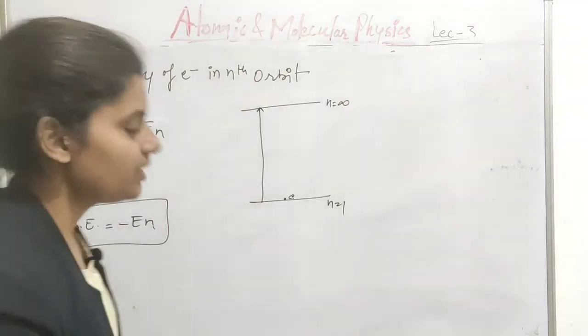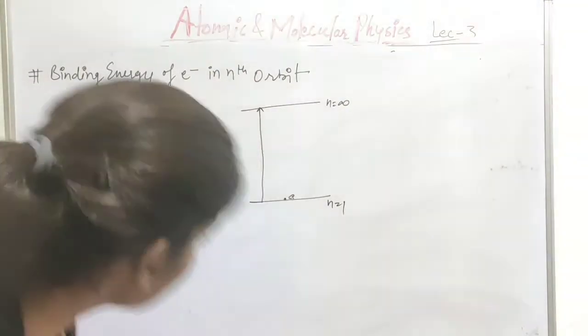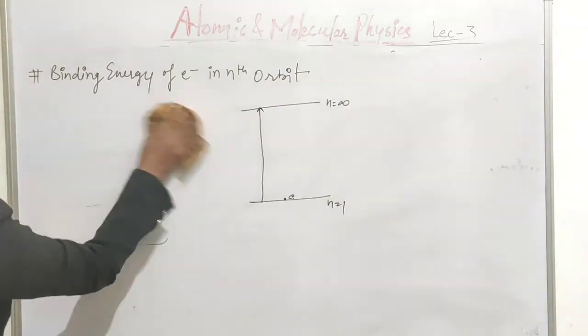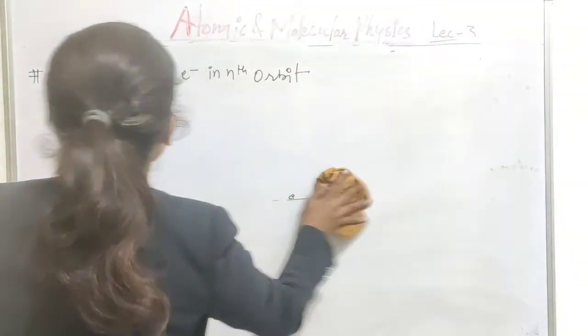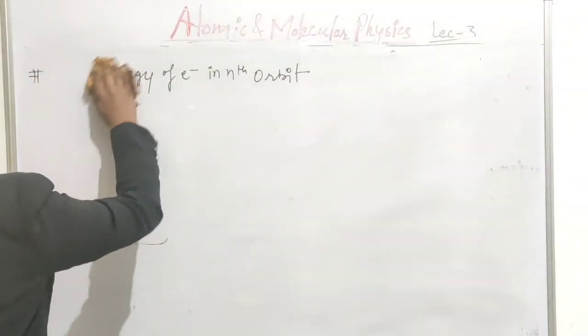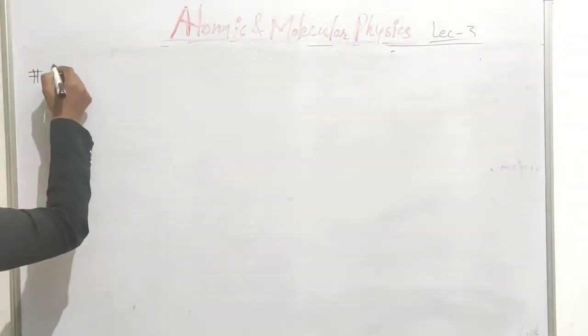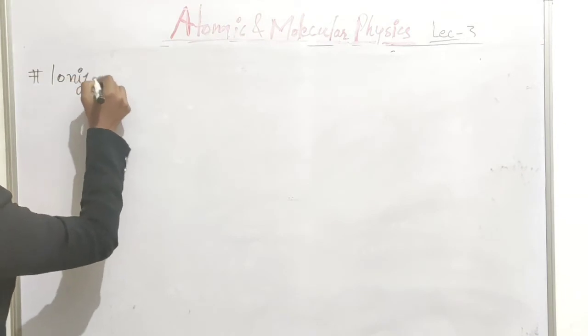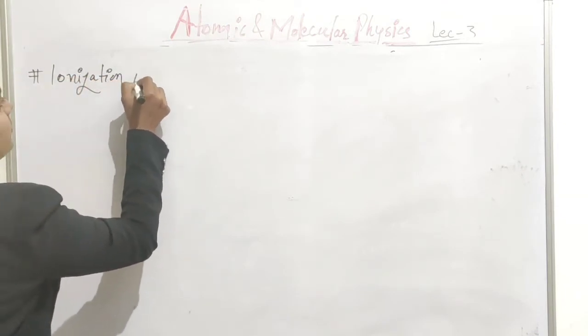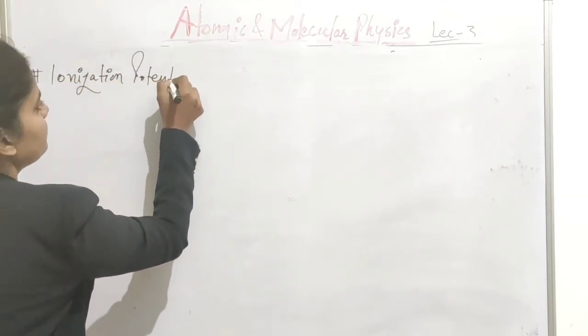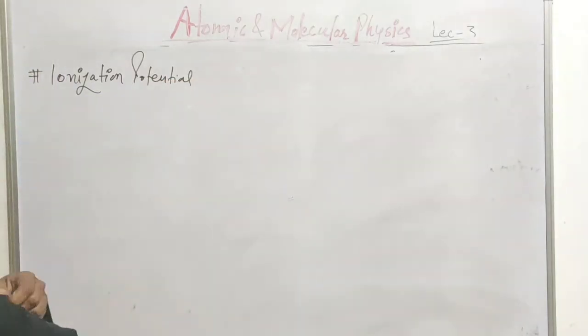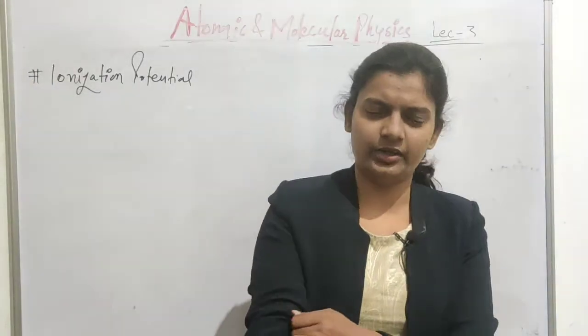Next we will see ionization potential. Ionization potential is for an atom. It is related with ionization energy.